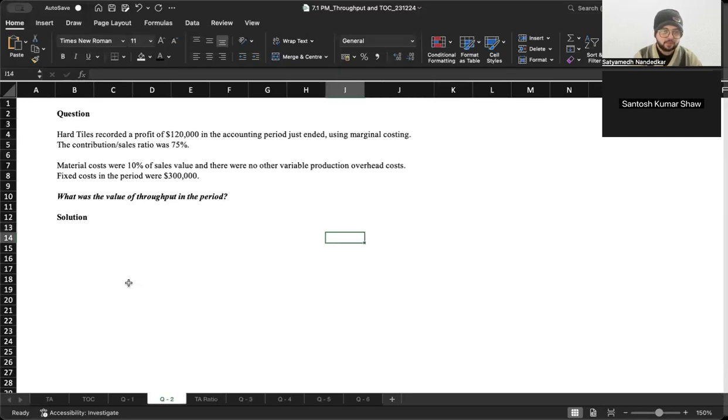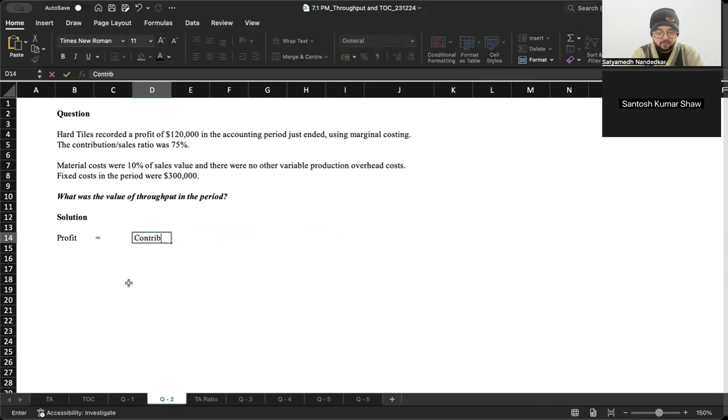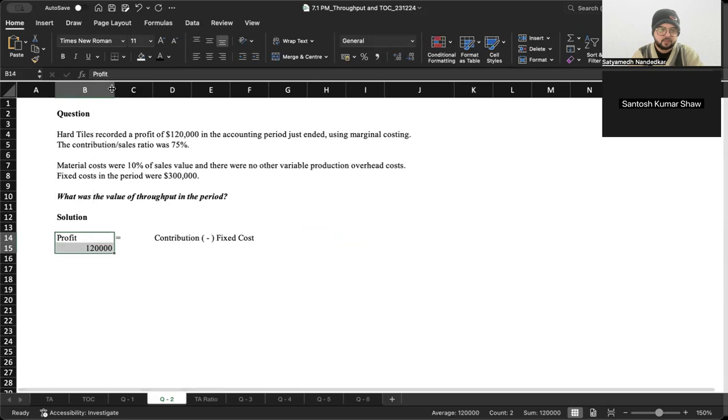Okay, so when I say I was using marginal costing, profit here is contribution minus fixed cost. What was the profit? The profit was 1,20,000.